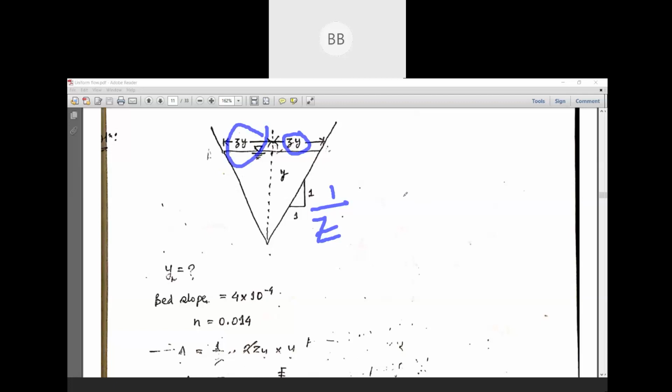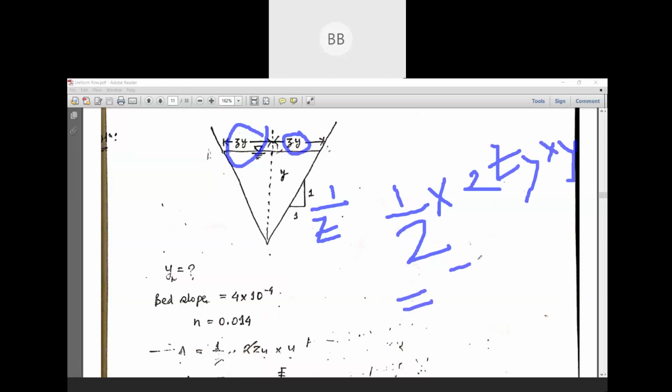If you consider the area equation, half into base into altitude, as this is a triangular section, the base will be twice zy, multiplied by y. So the 2 will be cancelled out, and the area will be zy square.